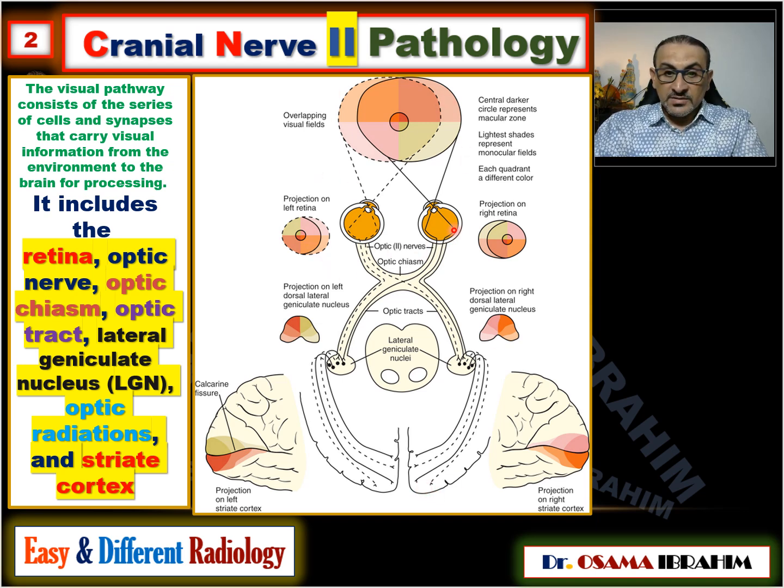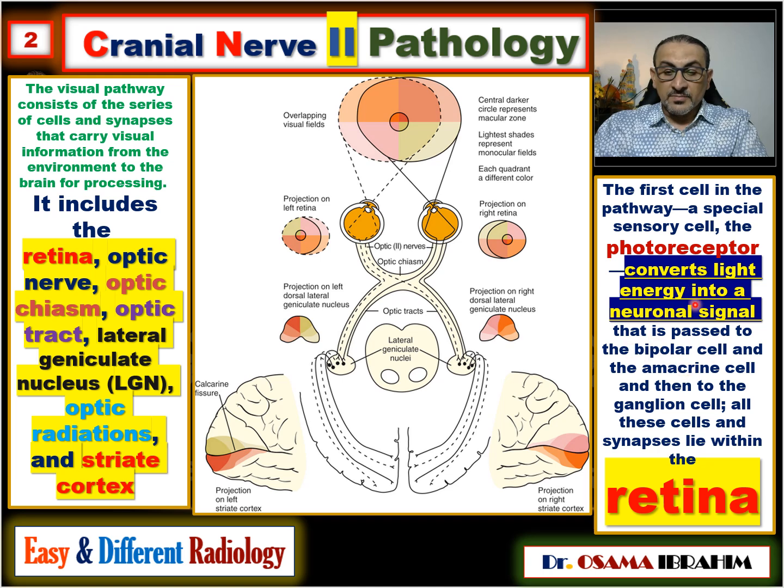This pathway involves the posterior segment of the ocular globe, which is the retina. In the retina, the signals are received and converted through the photoreceptors to neural cells. After that, the optic nerve is the second station taking the signals.